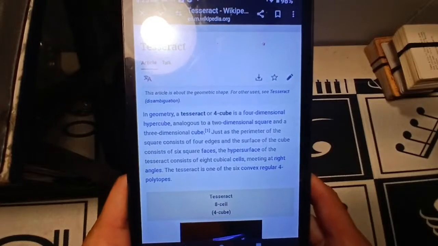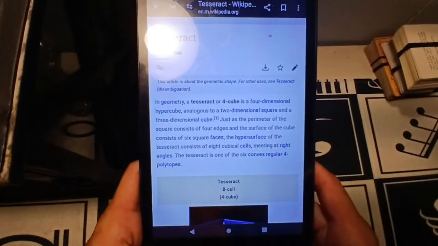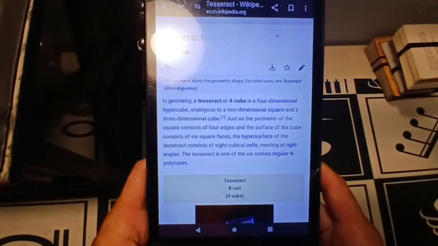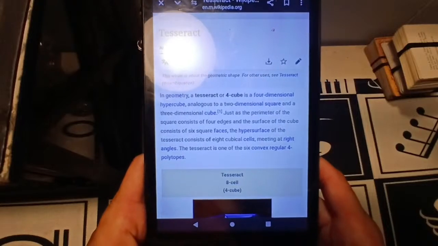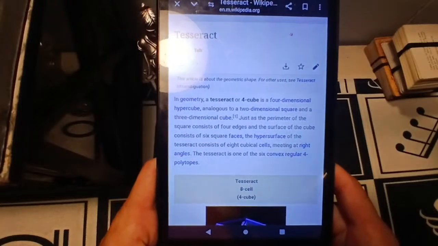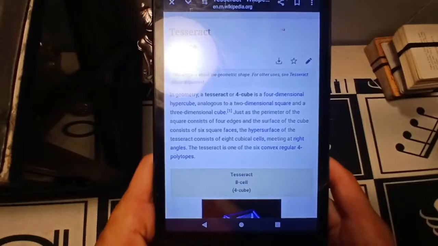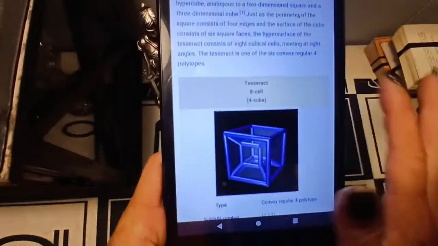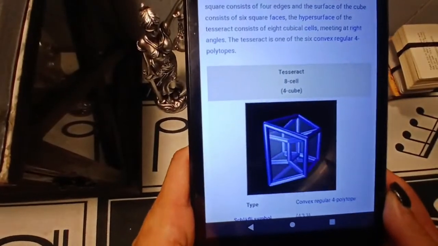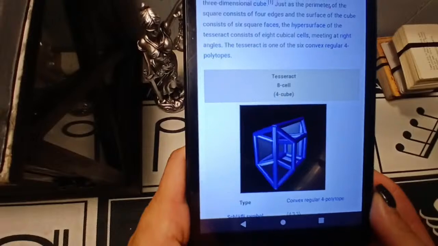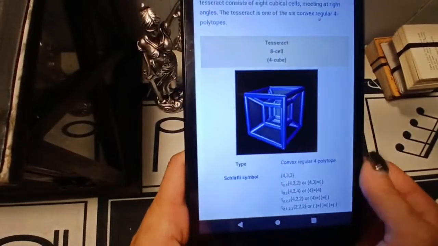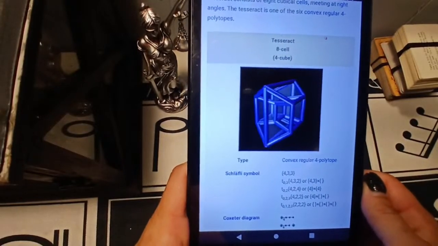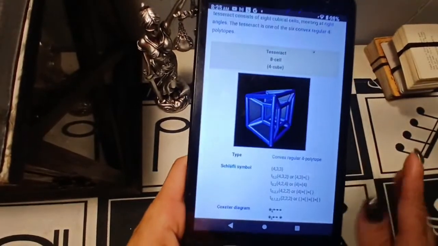Just as the perimeter of the square consists of 4 edges and the surface of the cube consists of 6 square faces, the hypersurface of the tesseract consists of 8 cubical cells meeting at right angles. The tesseract is one of the 6 convex regular polytopes. As you can see, it gets bigger or smaller. This is what living in 4D is like. We'll get back to that part in a minute.